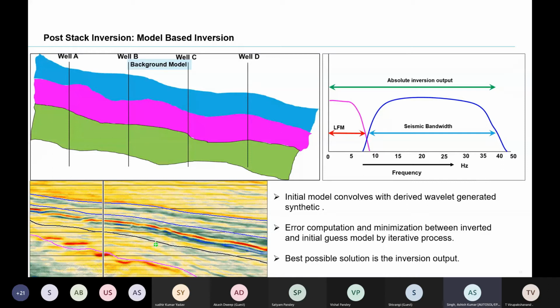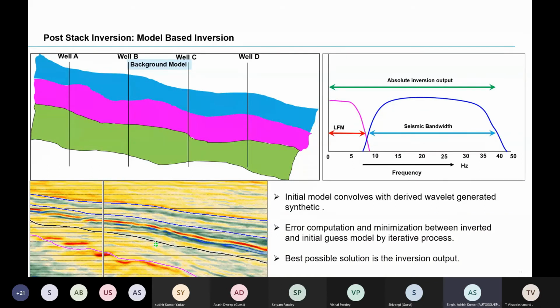So if anybody asks what is a band pass inversion and what is an absolute inversion, you have to tell: band pass inversion is done within the seismic band, and in absolute inversion we fill the lower end frequency with the low frequency model. LFM means low frequency model. So there are always two types of output in seismic inversion, absolute inversion and band pass inversion.